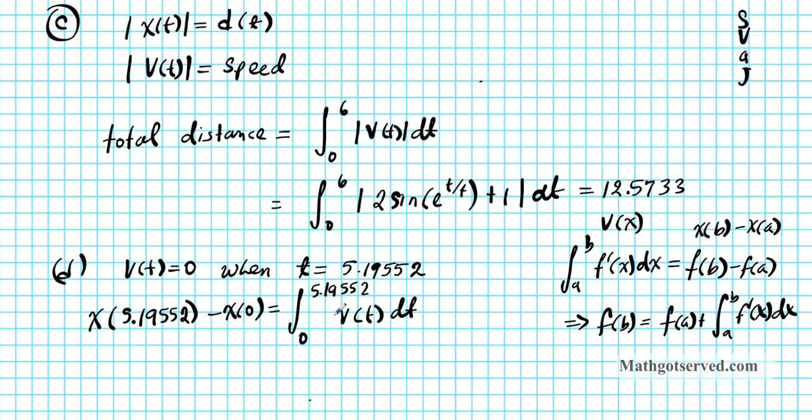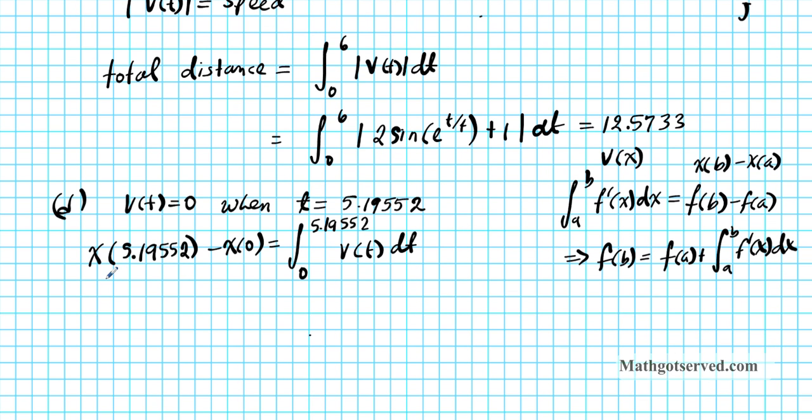Okay, because v of t is a derivative of x of t. All right, so if I wanted to get this position when the time was 5.19552 by itself, I'll just add x of 0 to both sides.